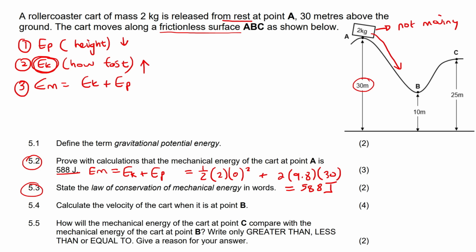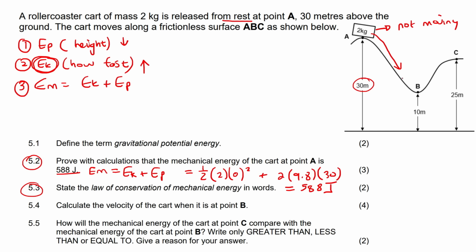Only in grade 12 will that maybe start changing, when we start using friction, but we said it's frictionless. So when there's no friction around, the mechanical energy of an object does not change. Yes, the potential energy can go up and down, and the kinetic energy can go up and down, but the total, the mechanical energy, never changes.